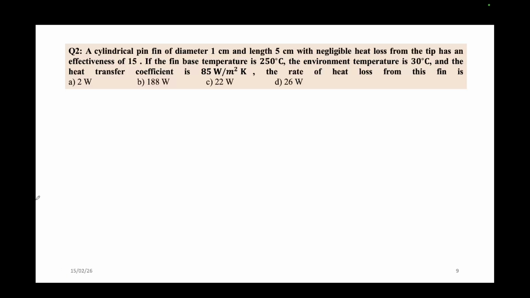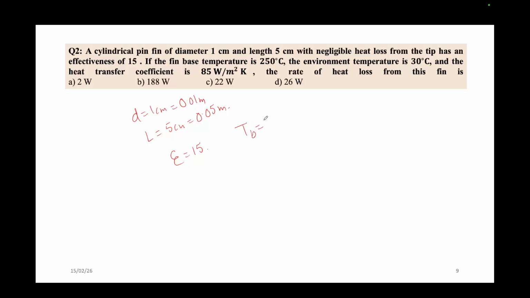This is a simple question. In this question, a cylindrical pin fin of 1 centimeter diameter is given, so convert it into meters. Length is given. With negligible heat loss from the tip, the fin effectiveness is given as 15.